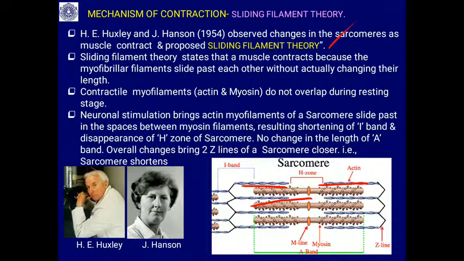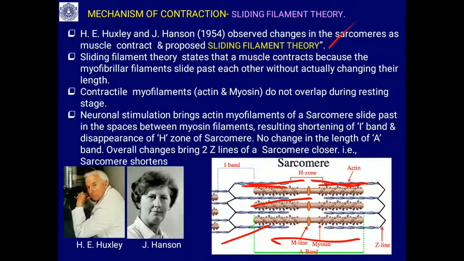The contractile filaments actin and myosin do not overlap during the resting stage, but they overlap during contraction. The neuronal stimulus brings the actin filaments of a sarcomere to slide past, toward the center, in the space between the myosin filaments, resulting in the shortening of the I band, but there is no change in the A band.